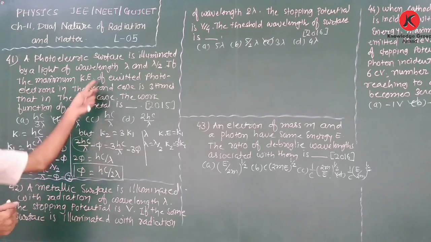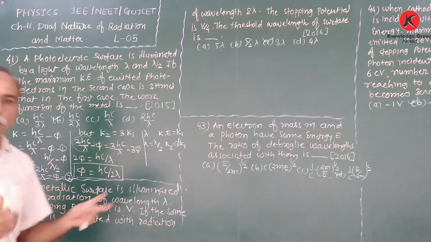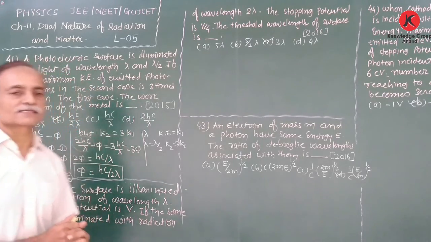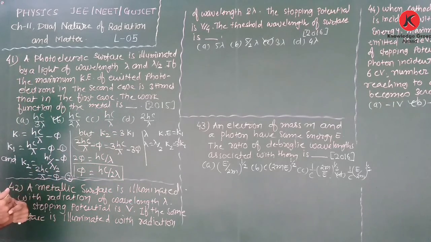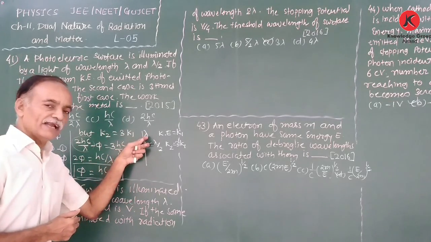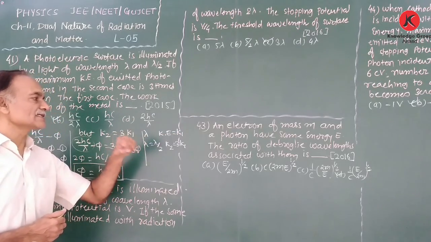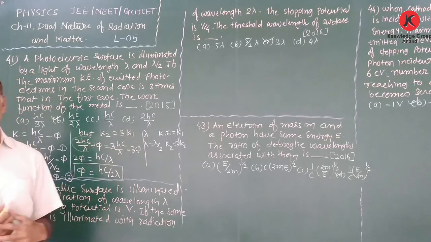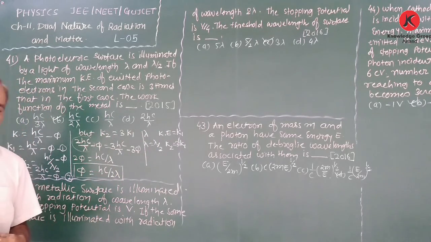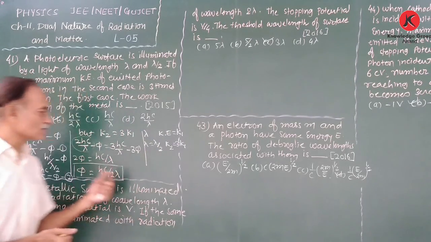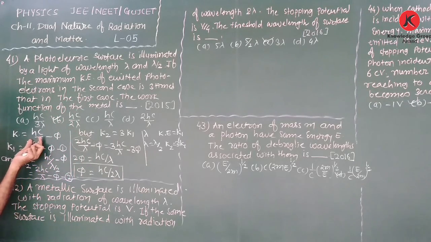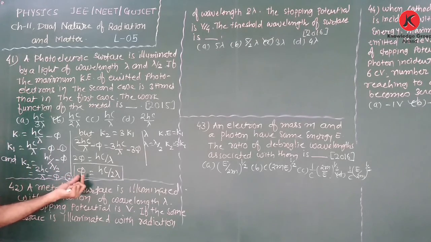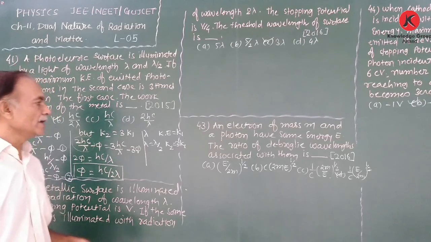At that time, the kinetic energy of emitted photoelectrons becomes 3 times the initial, that is 3K1. By using this concept and Einstein's photoelectric equation, kinetic energy is equal to hc upon lambda minus phi, we can find the work function phi is equal to hc upon 2 lambda.